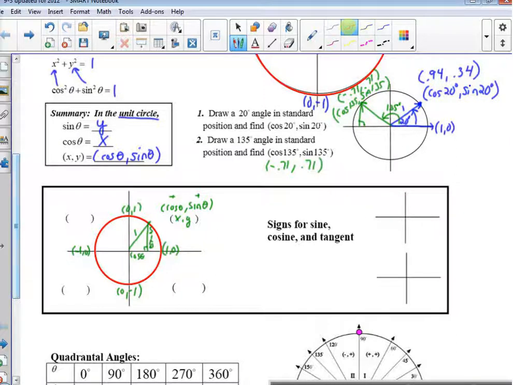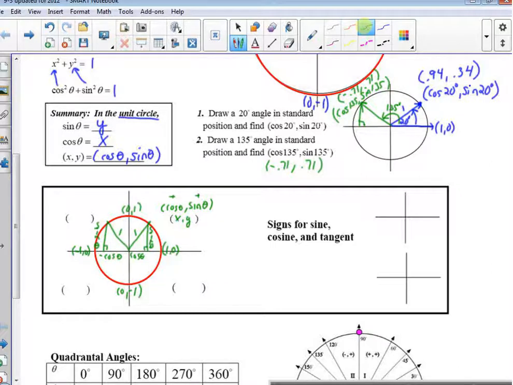If you took and put a triangle into quadrant 2 that was identical to the triangle from quadrant 1, so we'll try to make that identical height. It's the exact same triangle, just reflected over the y-axis. Then it should make sense that this distance would be negative cosine theta, and this would still be positive sine theta with a radius of 1.